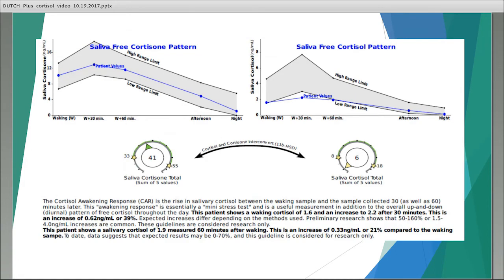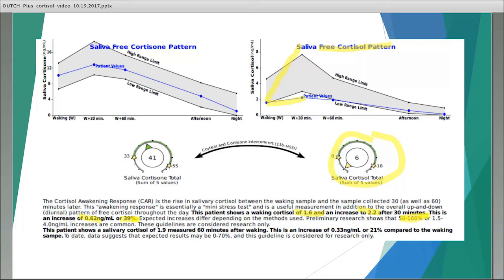When you get to page 5, you'll see, among other things, the free cortisol pattern. That's where we want to look. And then again, you can see the total of that here, but you can see the calculation of whether this cortisol awakening response is large, or in this case, it's rather flat. So you can see in the text, we went from 1.6 to 2.2, and that's an increase of about 0.6 or 39%.